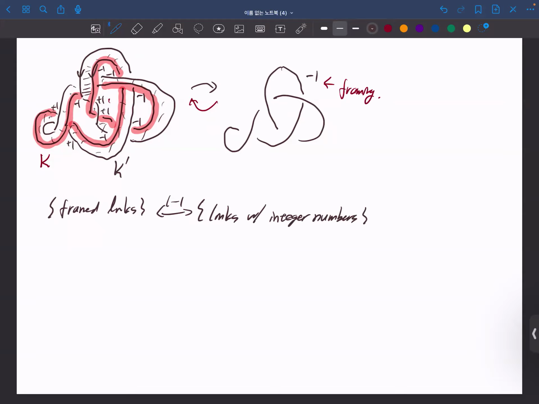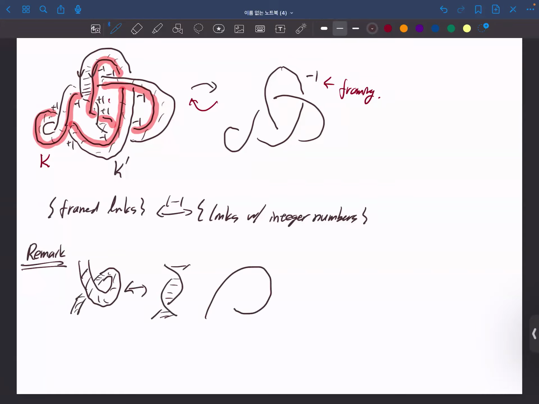And here I have one small remark. When we have such a kink of band, if you make it straight, then actually this becomes like this.